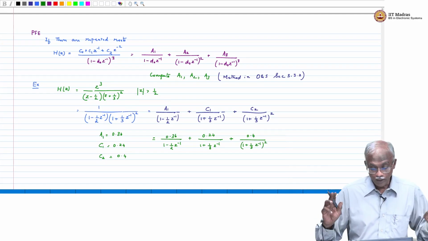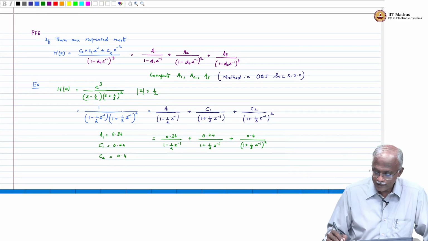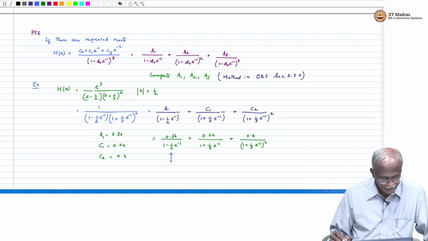Now I want to do the inverse z transform. Very easy for the first two terms. What will it be? It will be 0.36 times 1/2 raised to the power n u of n.